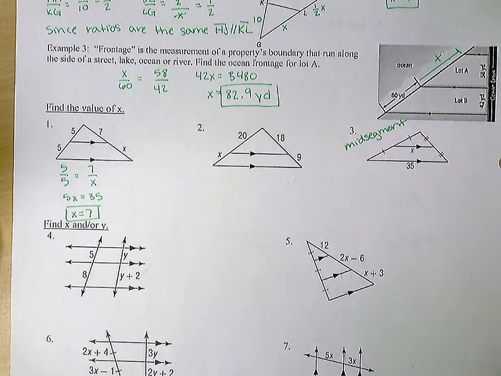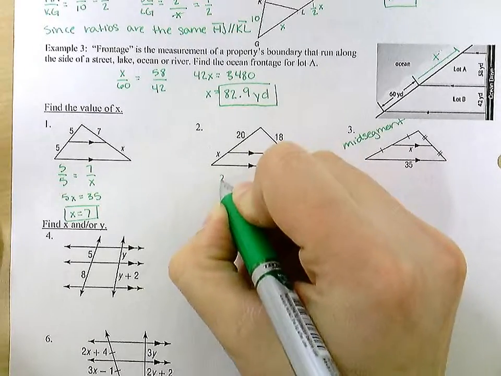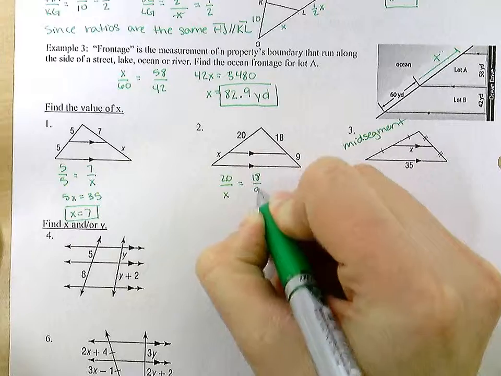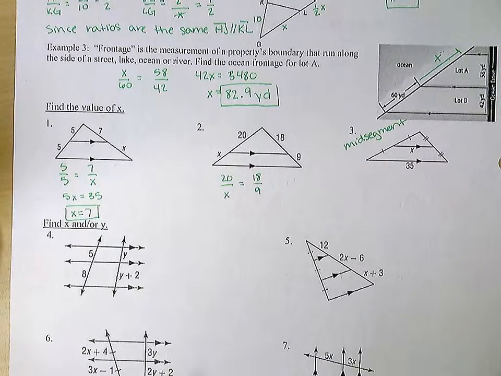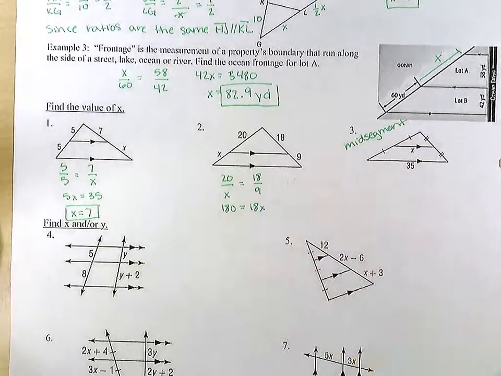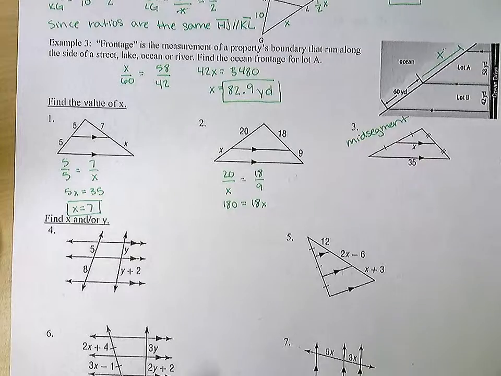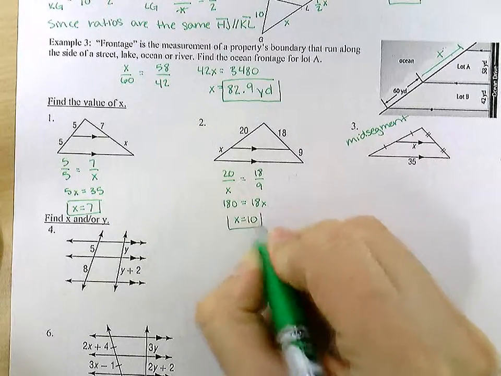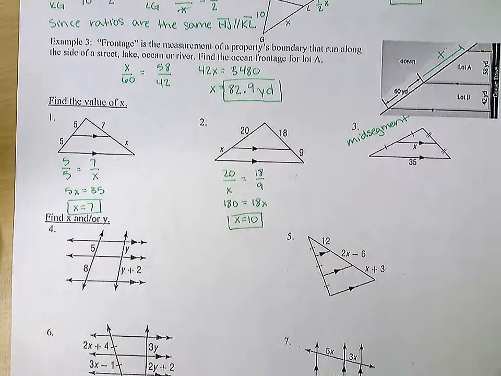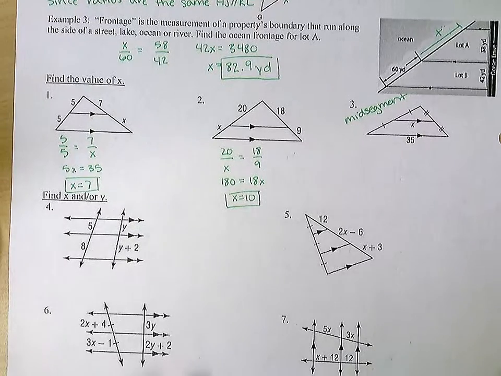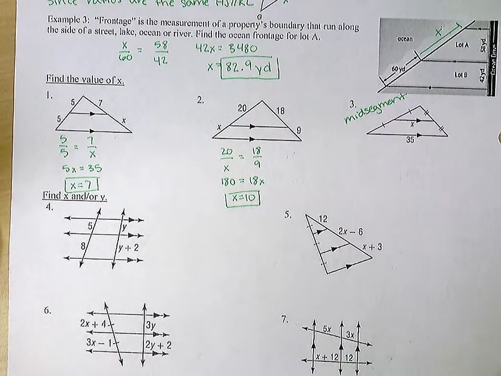In number 2, I set up my proportion as 20 over x is equal to 18 over 9. Cross multiply, 180 equals 18x. Divide by 18. I got x is 10. And then the last one I said is a mid-segment problem.